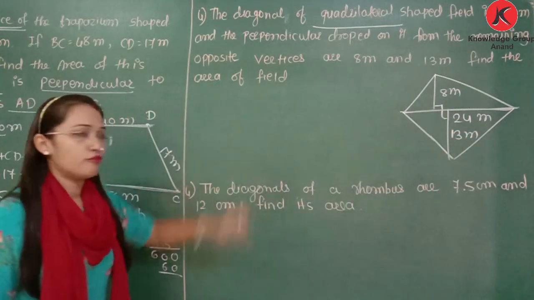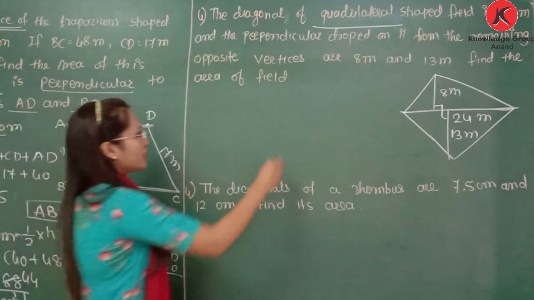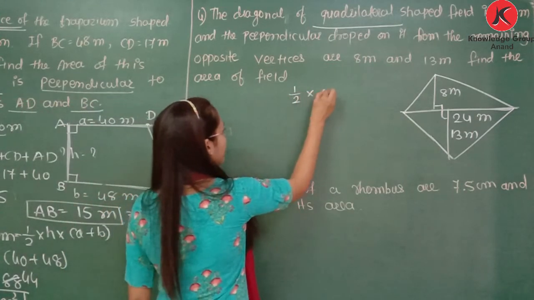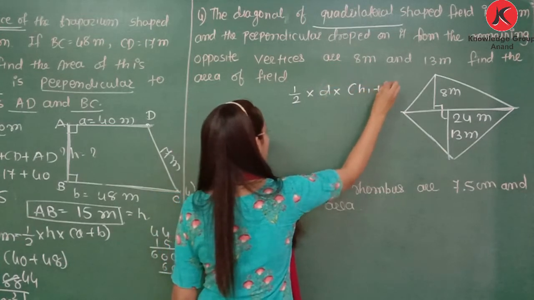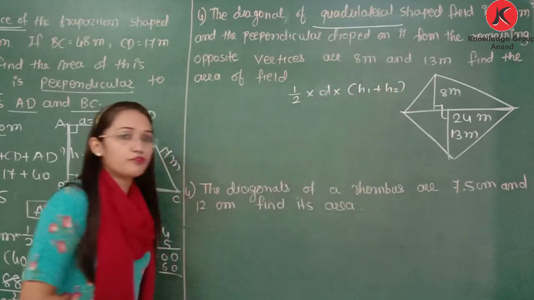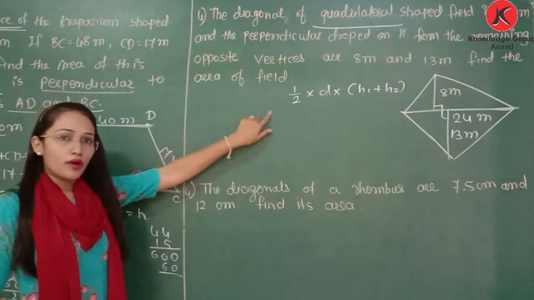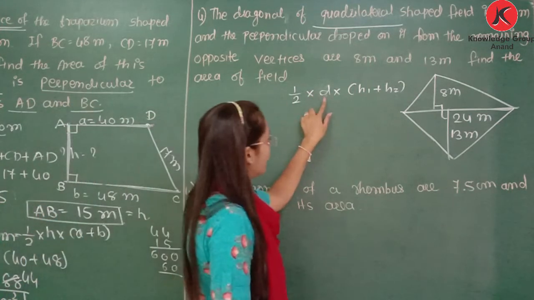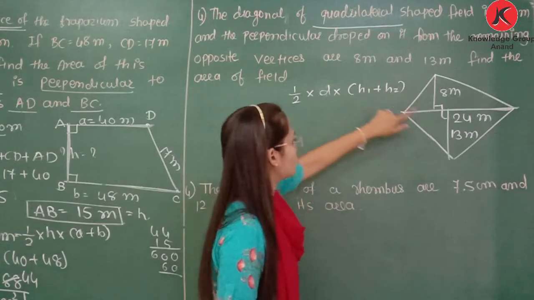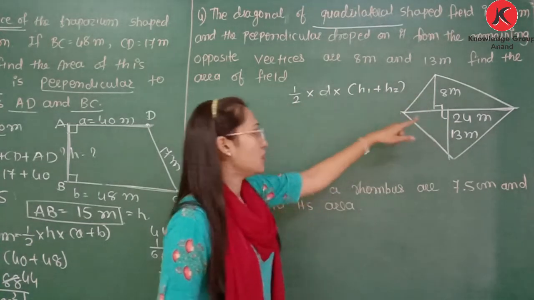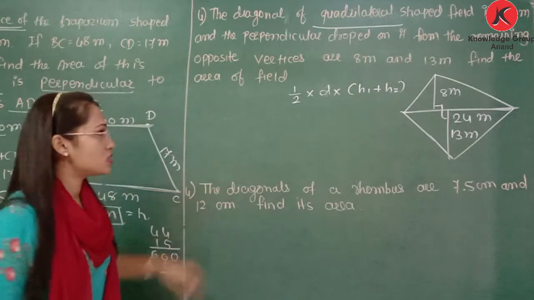Find the area of it. Now we learn the equation, that is 1 by 2 multiply d multiply h1 plus h2. That is the equation for a general quadrilateral. So here d is given, that is 24, h1 is given 8 meter and h2 is given 13 meter. So all three measurements are given, so we can use this equation.